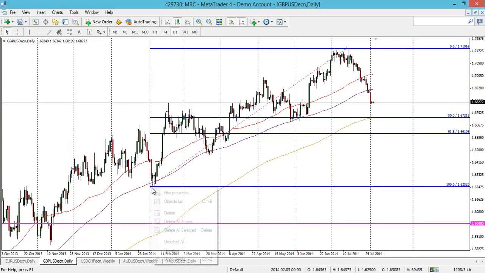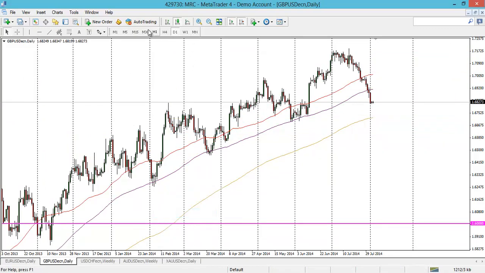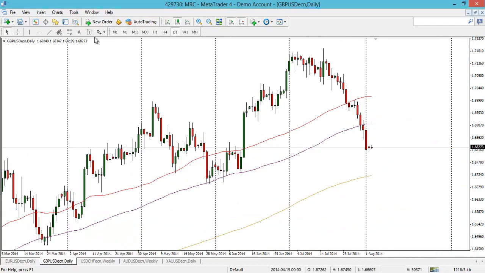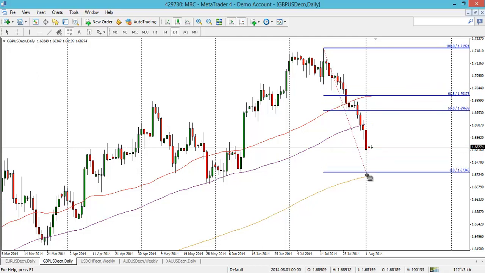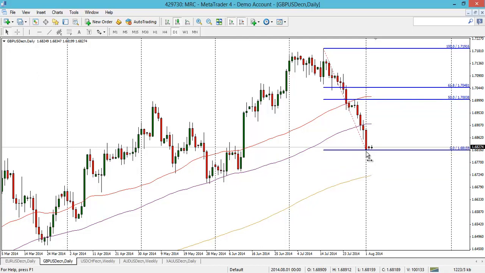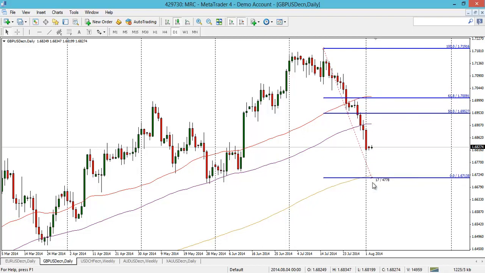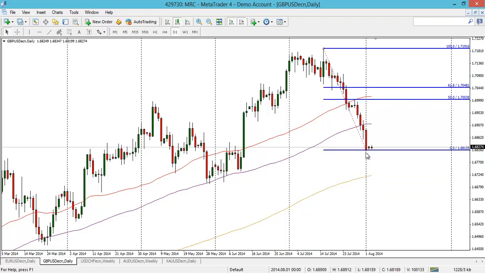In terms of the counter moves, let's say if we get any sort of bounce up from where we are currently, then it's pretty obvious which fib you've got to look out for, and in my opinion it's the high of July. So if we get a bounce now, then it's that low there, extended down to wherever it goes. But that's definitely the swing high to look at, I think.